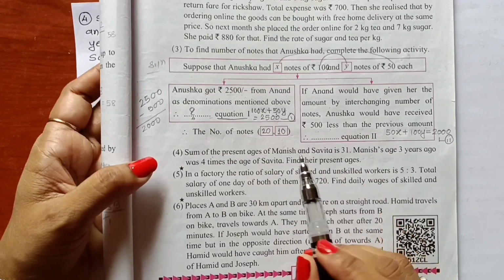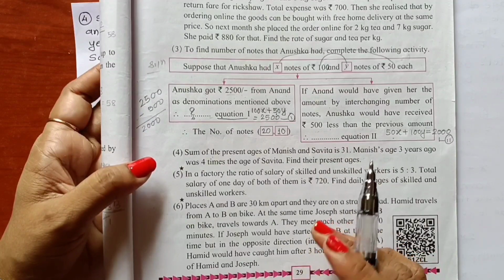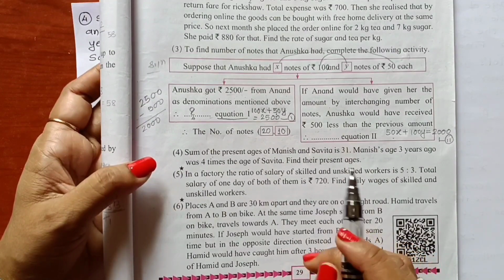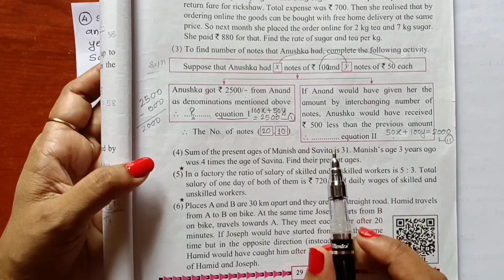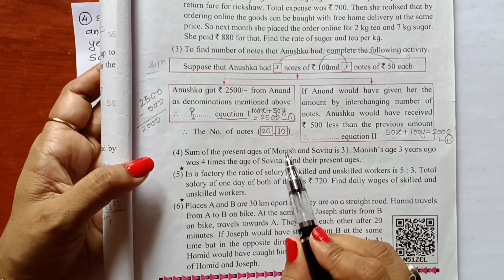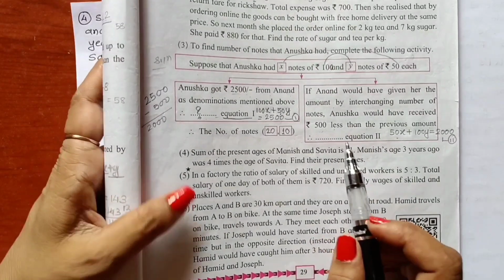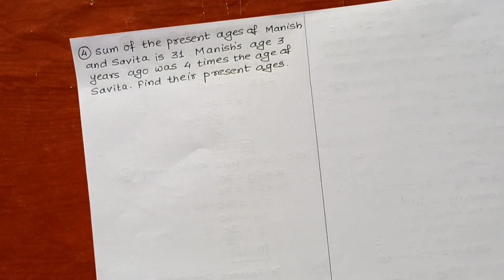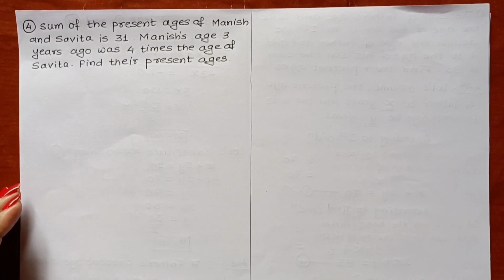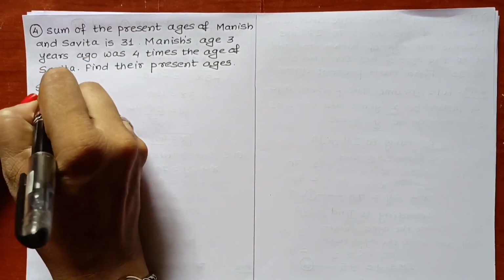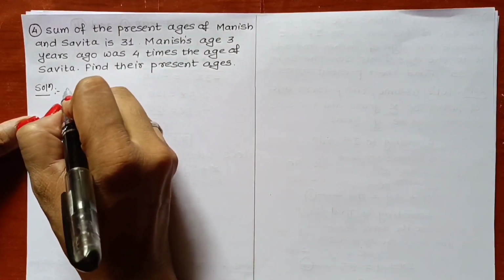These are the quantities. So for example here the ages are given. So for the ages of Manish and Savita, we will have to assume certain variables. So always we assume x and y, we all know that. So let us assume that the present age of Manish is x years and the present age of Savita is y years. So let us write here in the solution. First we will start. Suppose that, or let us suppose, or only let, you can write anything.